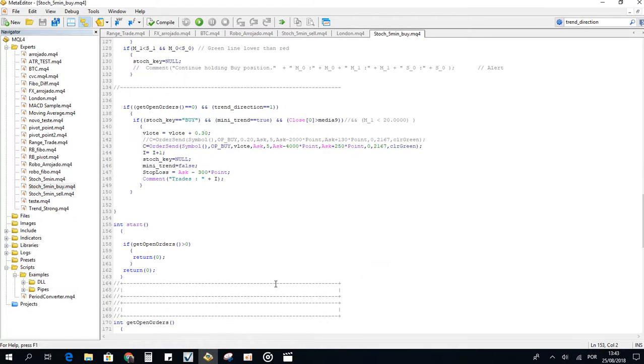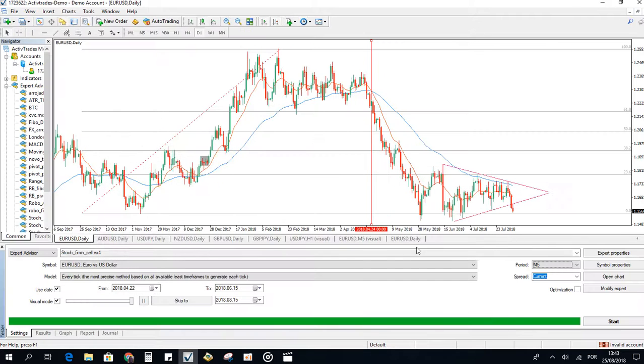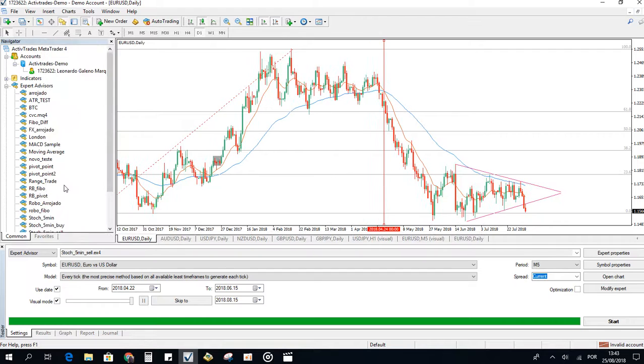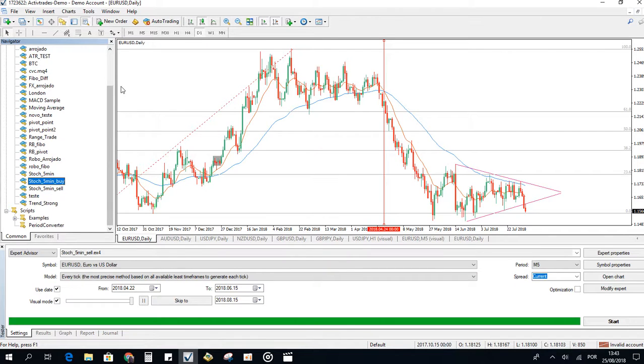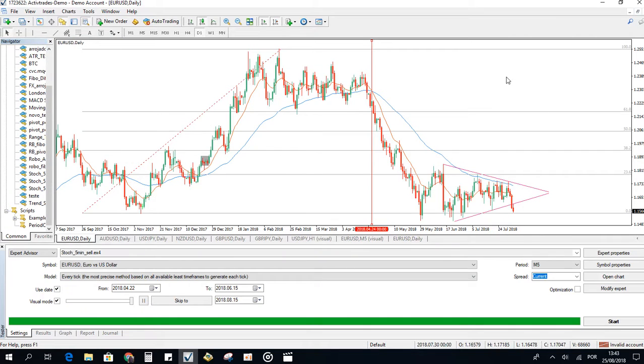There is some intelligence to open an order, and there are reasons why I chose 5 minutes. Every 5 minutes it looks for an opportunity and opens an order. As you can see here, I created one for sell and another almost the same, but for buy. I decided to split them into two expert advisors, but let's see how it works.